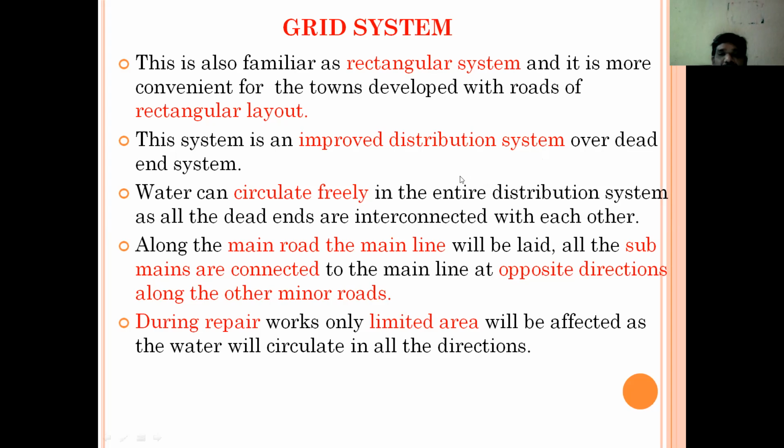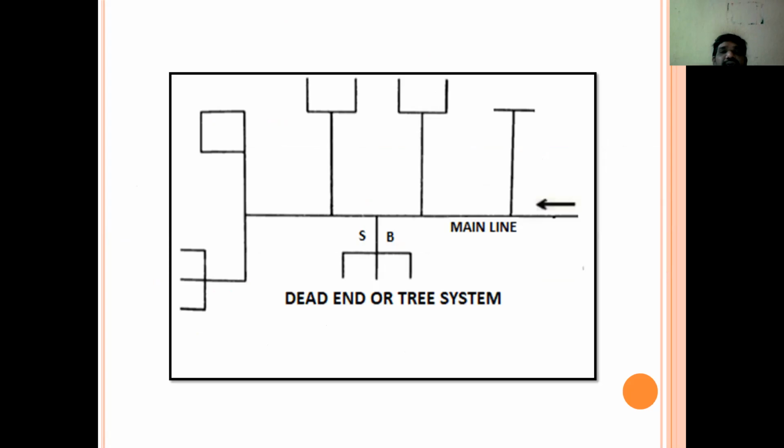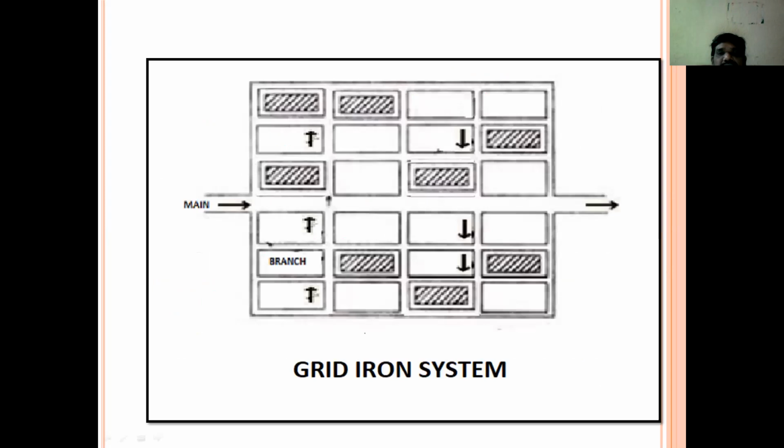Water can circulate freely in the entire distribution system as all the dead ends are interconnected with each other. Whereas here, all these are dead ends. Because of these dead ends, water is allowed to store for a long period of time, and it may attract bacterial contamination. In this case, as the water is freely circulating, all the dead ends are interconnected.